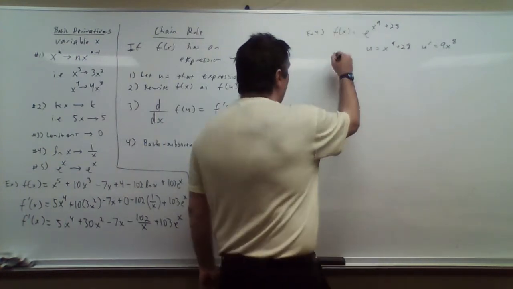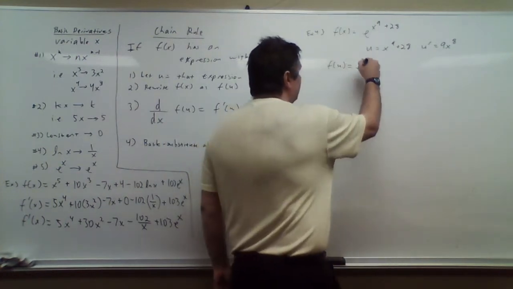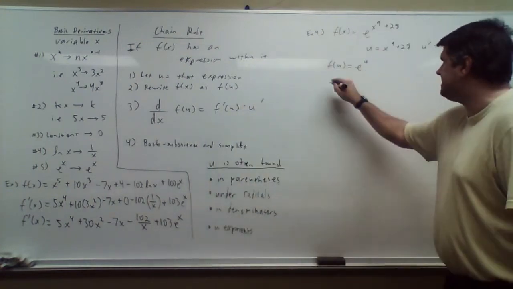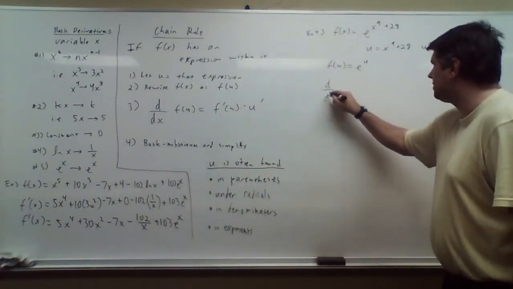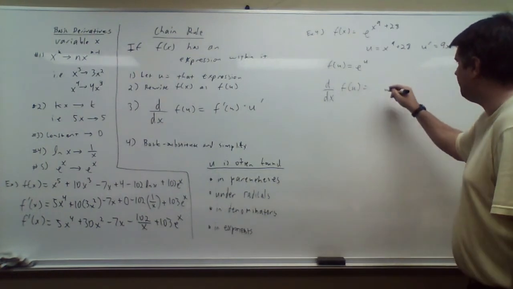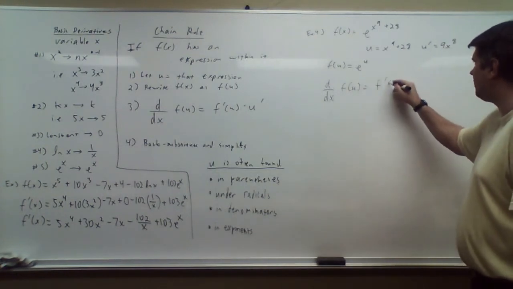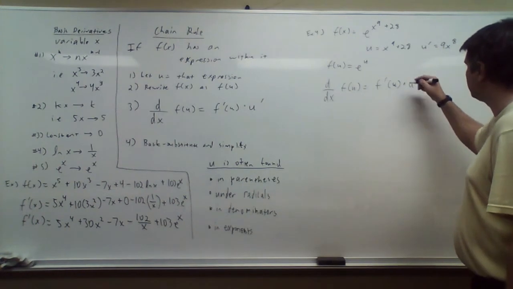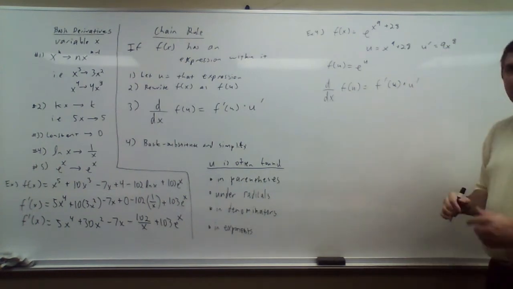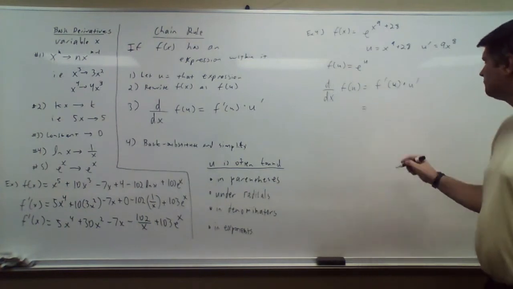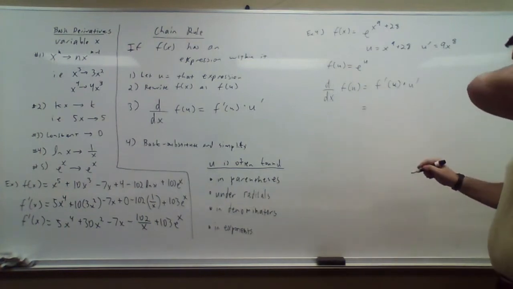Okay, so f of u is e to the u. And d over dx of f of u would be f prime of u times u prime. Okay? So, here's what we have.